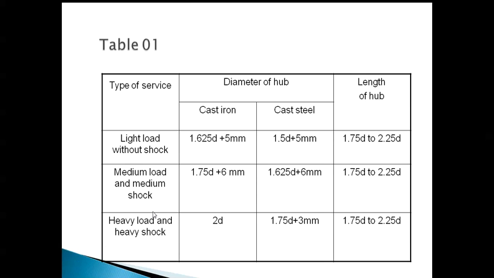Types of service: light load without shock. For cast iron, the diameter of the hub is 1.625D plus 5 mm. For cast steel, it is 1.5D plus 5 mm, and the length of the hub is 1.75D to 2.25D.